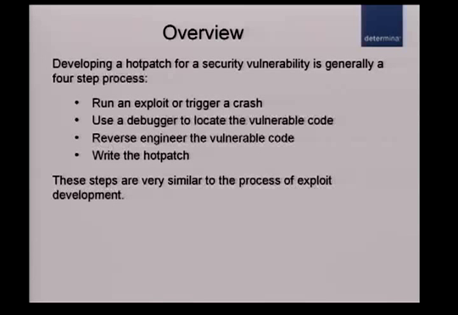You would try to find out what causes it. And finally, you would write the exploit to take advantage of that crash and make it do something useful. The hot patch development process is very similar. Instead, in the last step, instead of writing an exploit, you end up writing a patch that fixes the vulnerability.